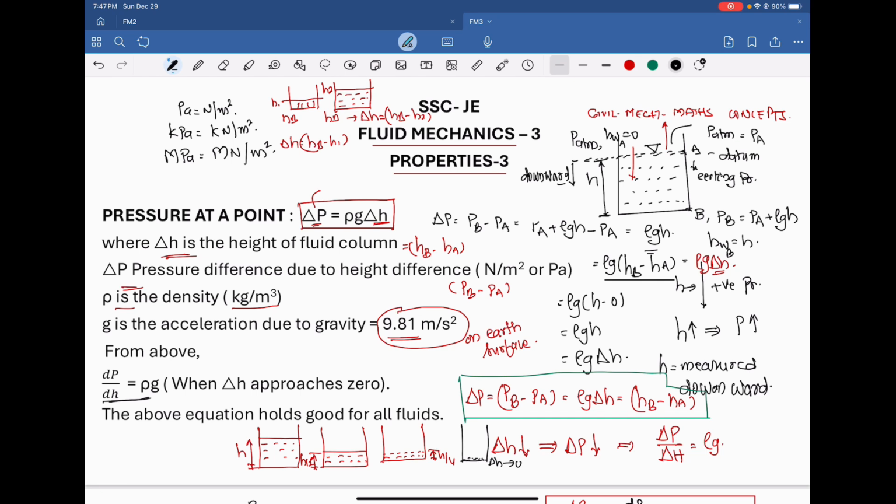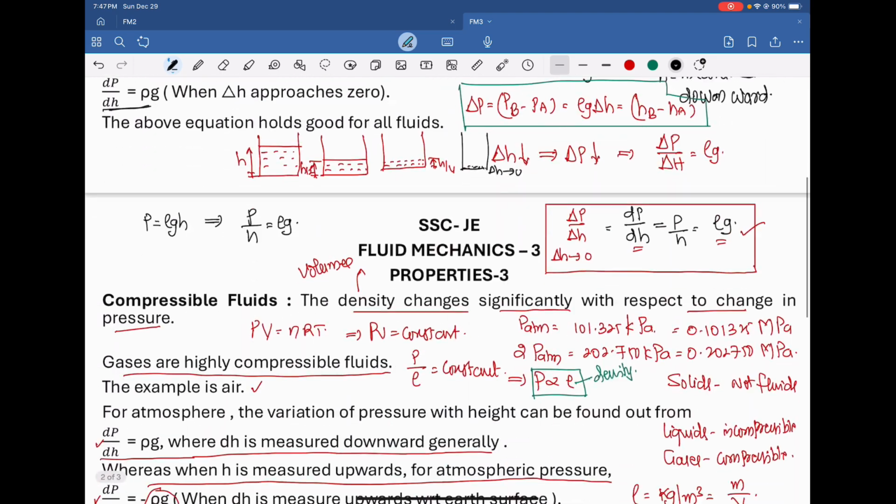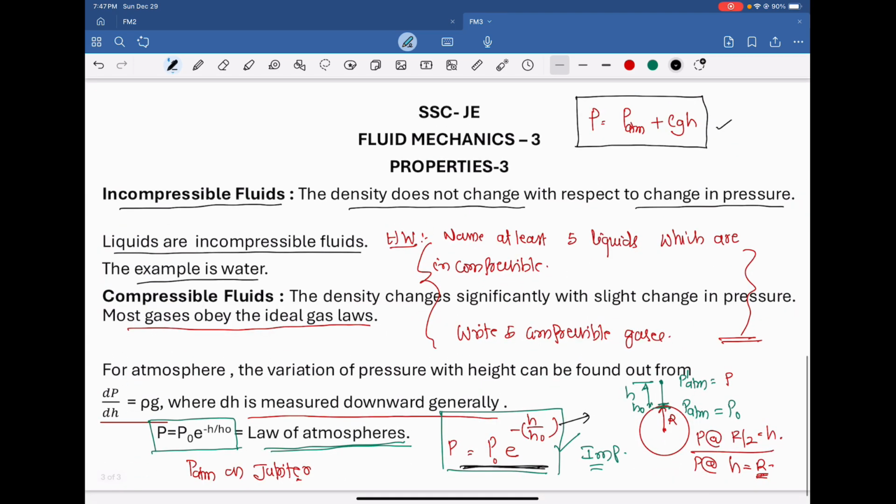Tomorrow if the same type of question is asked and alternatives are given, atmospheric pressure changes with height above the Earth's surface exponentially, linearly, as a square, it changes exponentially. Please remember this formula.